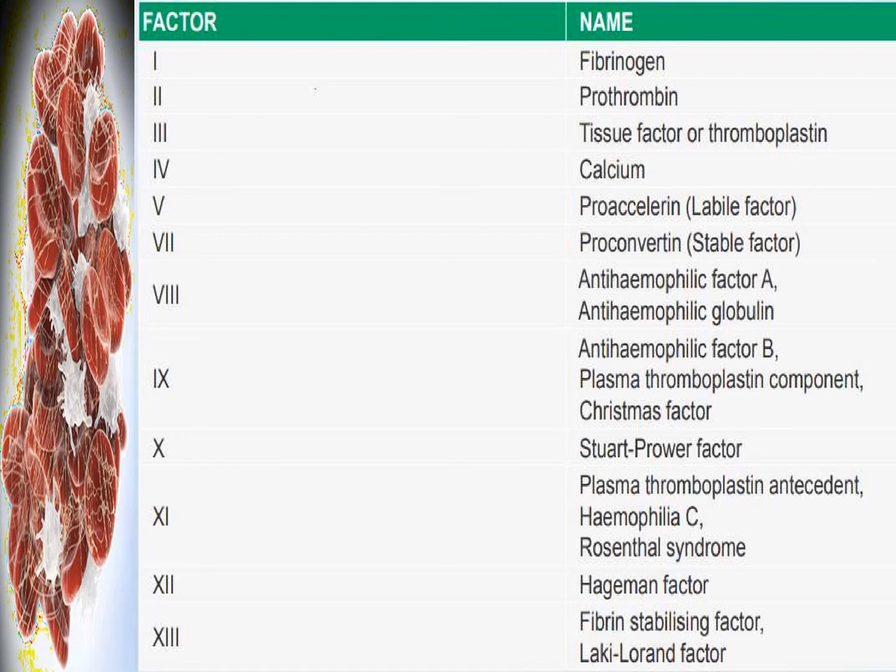Wait a moment over here and search why it is so, and do remember the names of these factors. Like the first factor is known as fibrinogen, the second factor is prothrombin, the fourth factor is calcium, the fifth factor is proaccelerin. Like that, start remembering the names of the factors along with their Roman numbering.